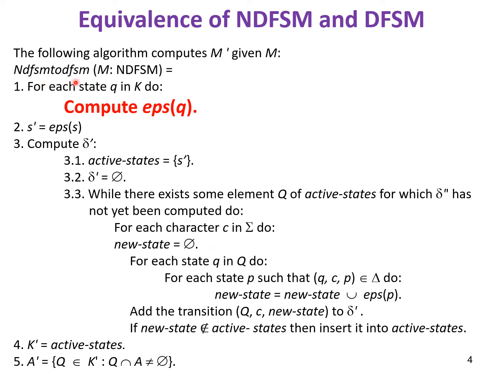NDFSM to DFSM, given a non-deterministic finite state machine M. In the first step, for each state q in K, we are supposed to compute EPS of q, or the epsilon closure of each state. Before discussing this algorithm further, let us see what we actually mean by computing EPS.